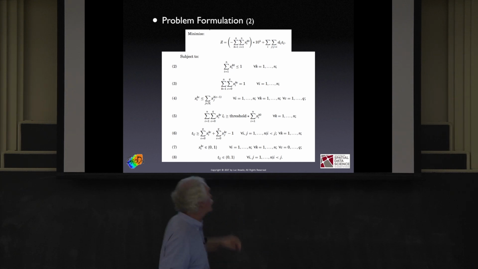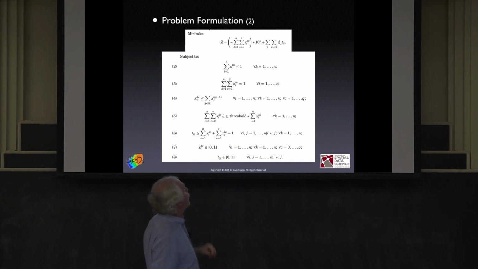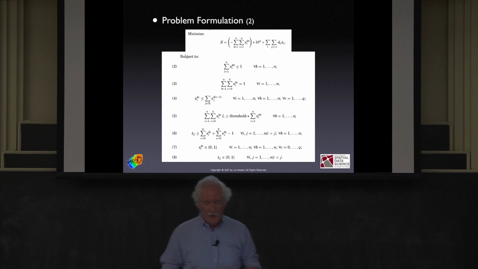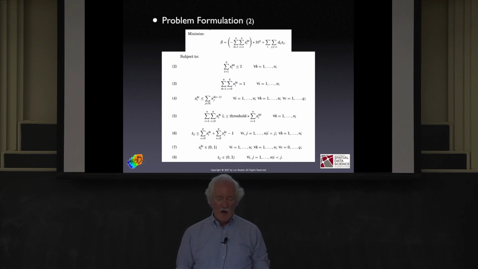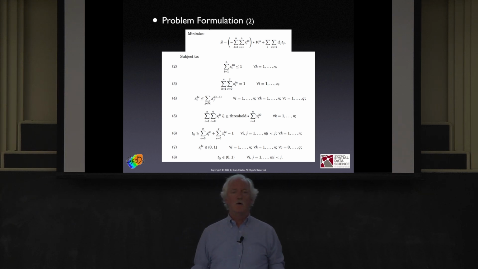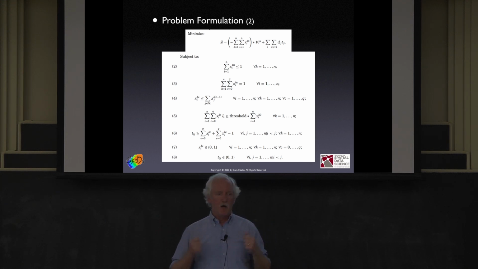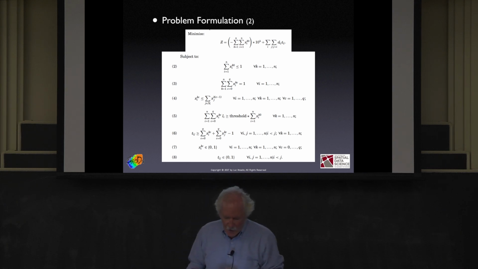So you kind of play mathematical games with these zeros and ones. Obviously, at the top, we can only have one seed for each cluster. So for each of these possible k's, only one of the i's can be 1. This is typical for integer programming, so this seems really unwieldy, but it's really very simple. All it says is each cluster can only have one seed. And so how do we mathematically do that?